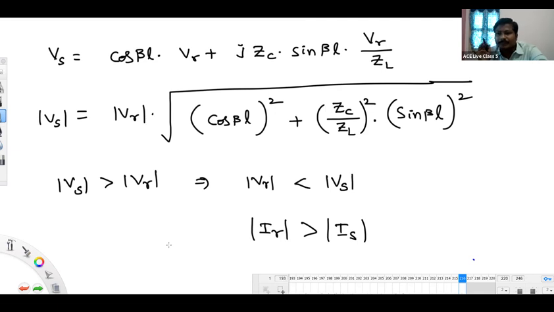Sir, and the last thing. In this long line also, we have a significant effect of shunt capacitance. In the long line there's an L and we have a shunt admittance. So this shunt admittance will also draw some amount of current. Yes, correct. So wouldn't this L and C form a resonant type?